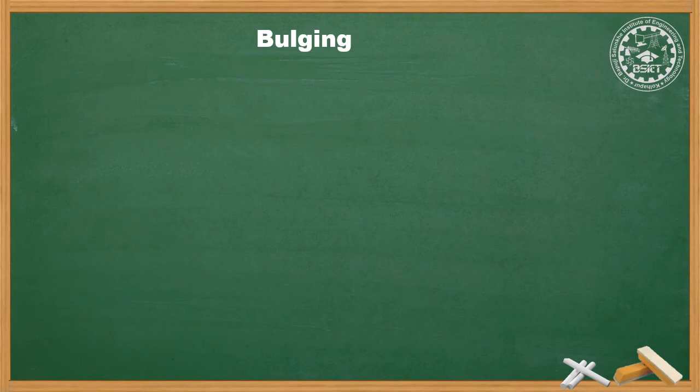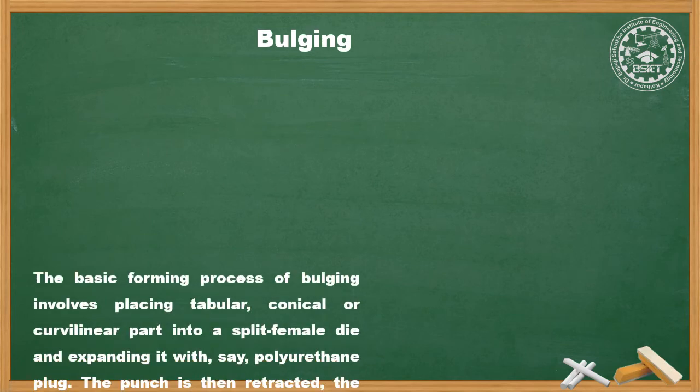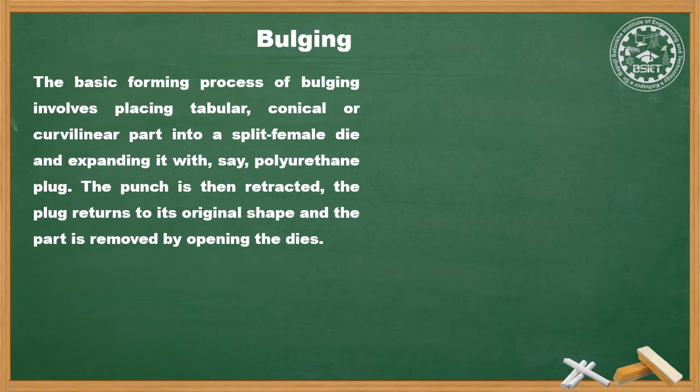Next is bulging. The basic forming process of bulging involves placing a tubular or conical or curvilinear part into a split female die and expanding it with, say, a polyethylene plug. The punch is then retracted, the plug returns to its original shape and the part is removed by opening the die.